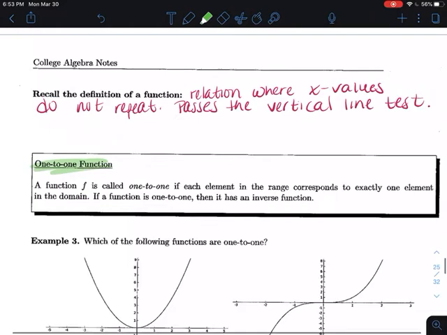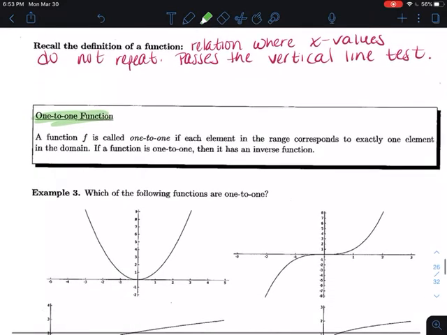A function f is called one-to-one if each element in the range, so range is the y value, corresponds to exactly one element in the domain, so that's x. If a function is one-to-one, then it has an inverse function.